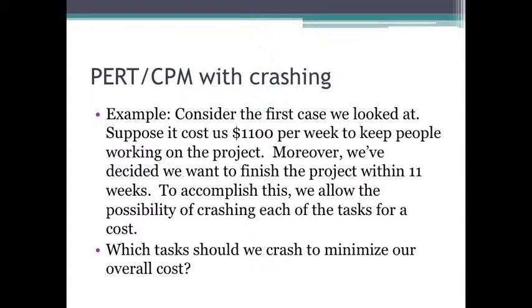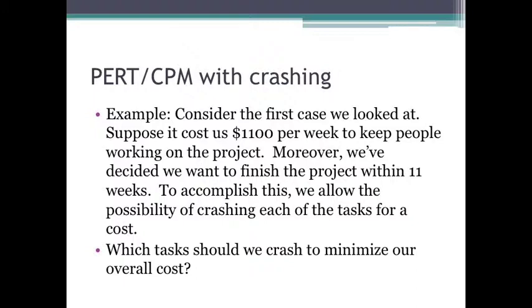So, let's take a look at an example and just work through it. In fact, it's the example that we looked at before, that first case with 6 tasks. Now, suppose it costs us $1,100 a week to keep people working on the project. Moreover, we decided that we want to finish the project within 11 weeks.